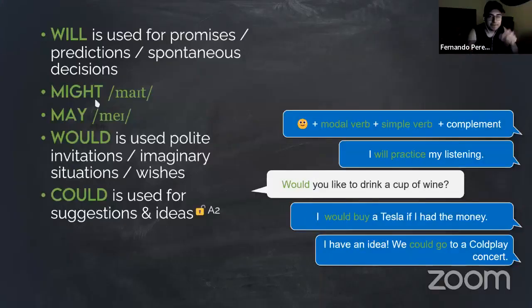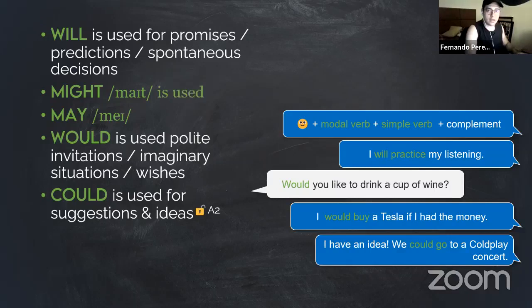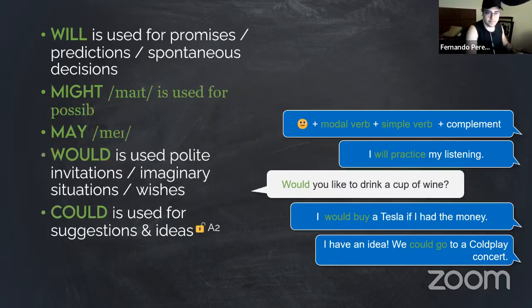The point is that might and may have very similar applications. When you say might, it's for future, but it's used for possible, probable events or actions.